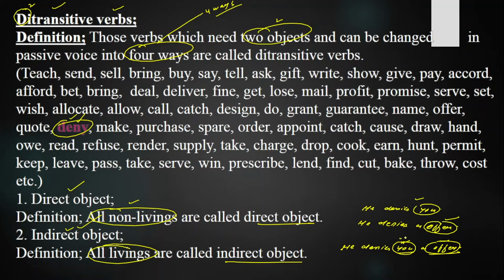Mostly we bring the indirect object, the living, at the beginning and the non-living, the direct, at the end. But if you want to shuffle their places, keep in mind your indirect object will be followed by a preposition, like he denies an offer to you. So these are the two ways in active voice.